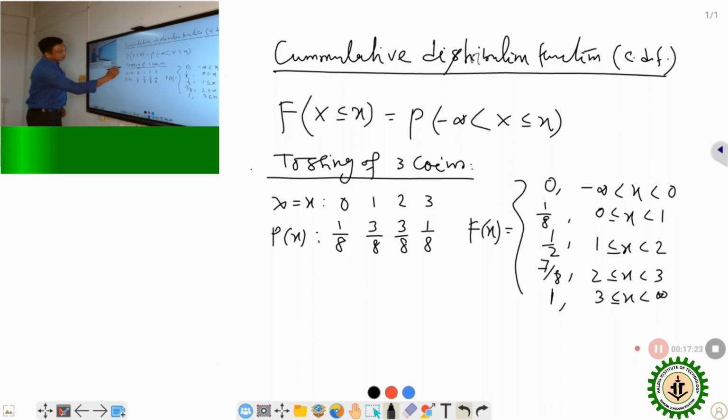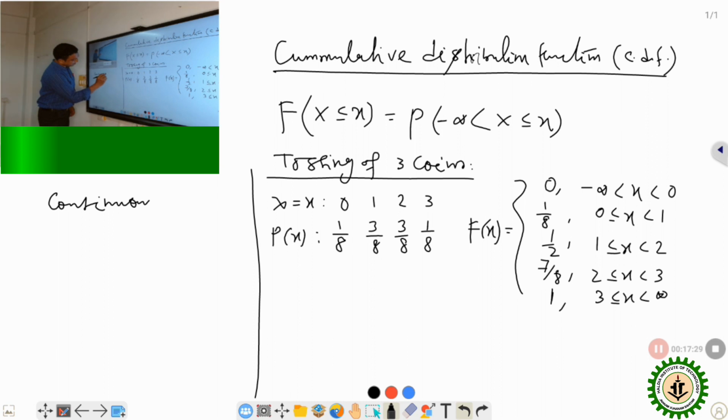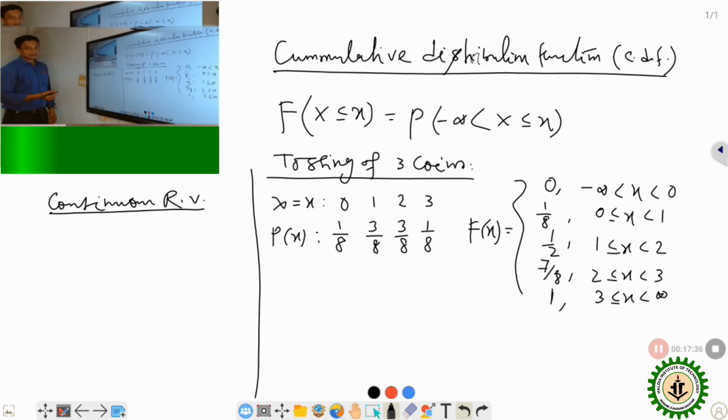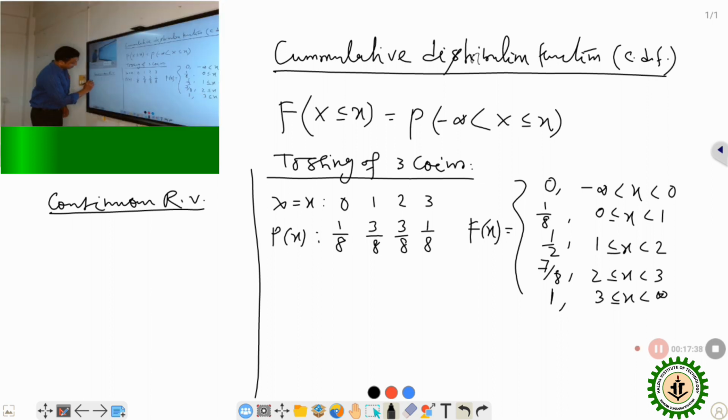If we go to find the same thing for a continuous random variable, look at this, what will happen. Here we can use calculus, because it is continuous. So the PDF, probability density function, is f of x, and the distribution function is capital F of small x.